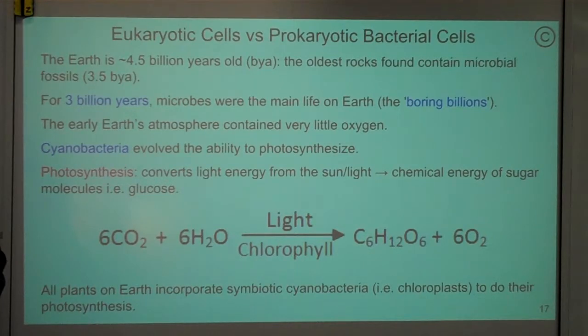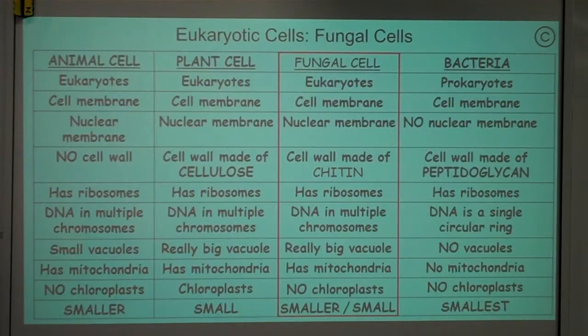Those bacteria started off in the ocean 3.5 billion years ago, quietly photosynthesizing and changing the environment ever since. One way they got out of the ocean was to live inside the cells of other organisms. And so all photosynthesizing plants are green because of those symbiotic cyanobacteria.